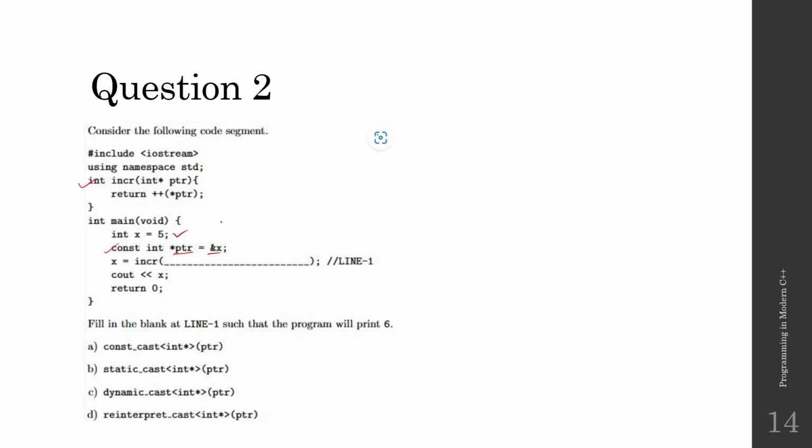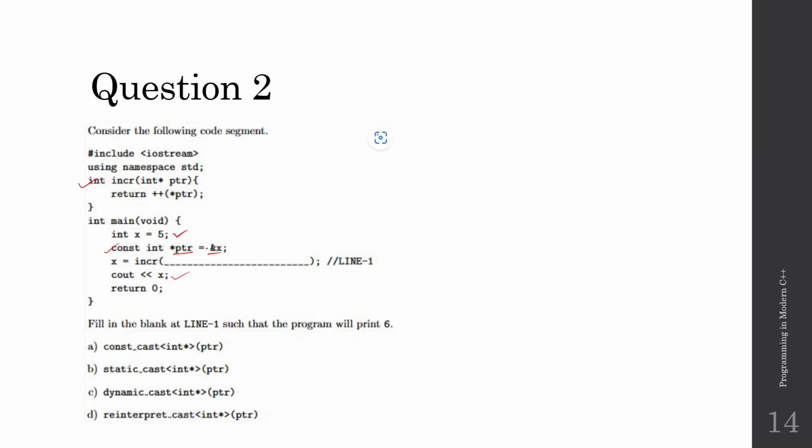So constant pointer means that we are not able to modify the variable it is pointing to. Next we are passing this x to the increment function. So it should increment it, x should become 6, and then when we print it 6 should be printed.